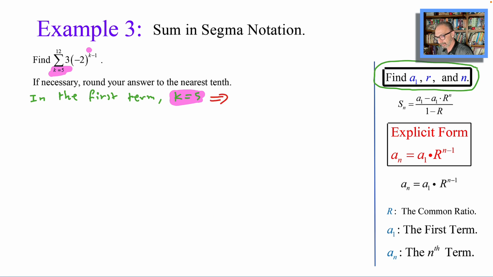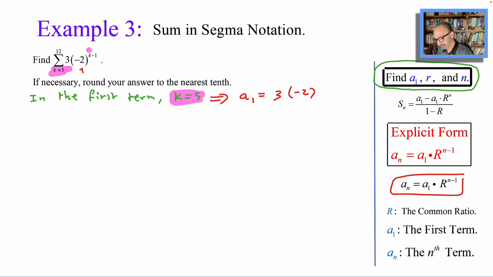Therefore, we have a sub 1 equals, I'm using this form now, a sub 1 equals the first term, which is 3 multiplied by negative 2. That's my common ratio. You could see it right here.